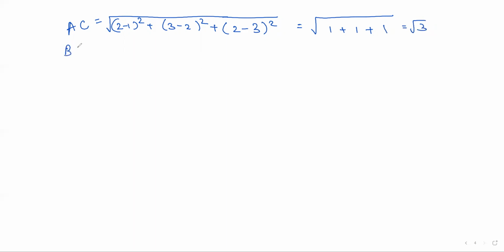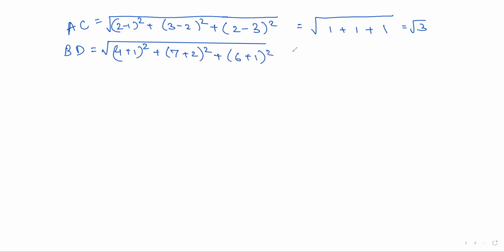Next, you're calculating BD. BD is D minus B, which is 4 minus of minus 1, which means 4 plus 1, plus 7 plus 2, plus 6 minus 1 plus 1, whole square.